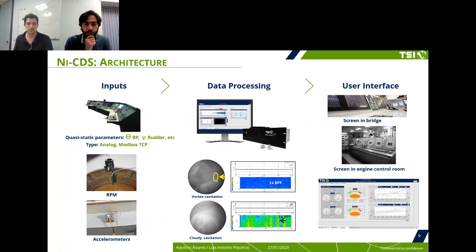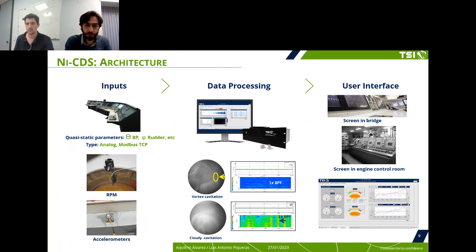So just to go through how the system is structured, we place several sensors across the hull, in different areas previously identified. Then all that data goes through an algorithm that we have developed.